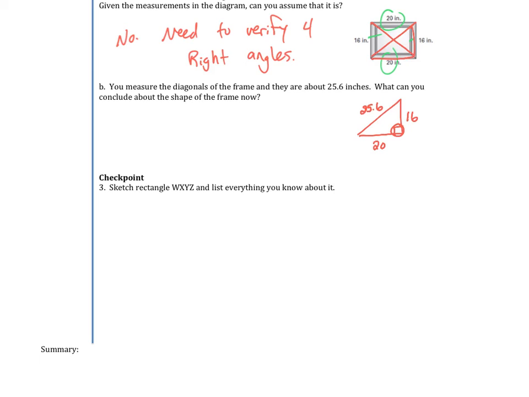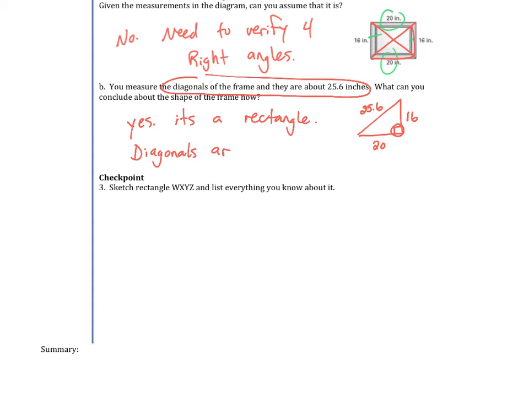So can we say it's a rectangle? Yes, it's a rectangle. And the reason why is because it says the diagonals are both 25.6. So we would say the diagonals are congruent.